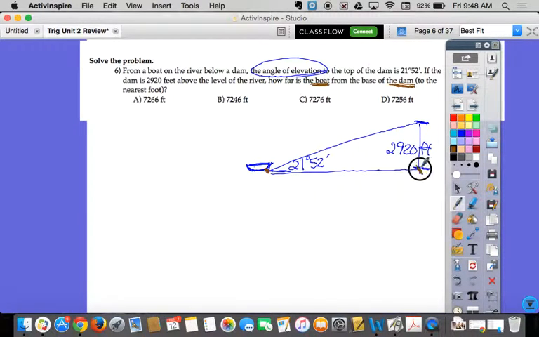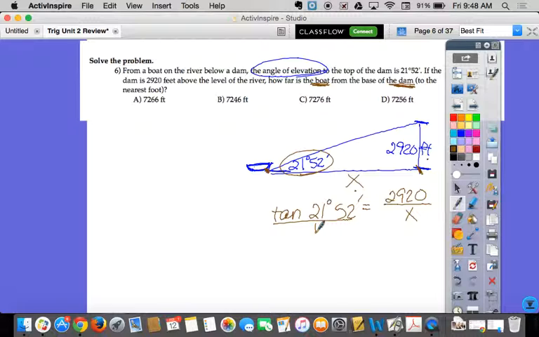That is horizontal distance. So that's where your x goes. So think about it. Here's your angle. You're actually going to use some trig here. Which function? This is opposite. This is adjacent. Opposite and adjacent is tangent. Tangent of 21 degrees, 52 minutes is opposite value over adjacent value.